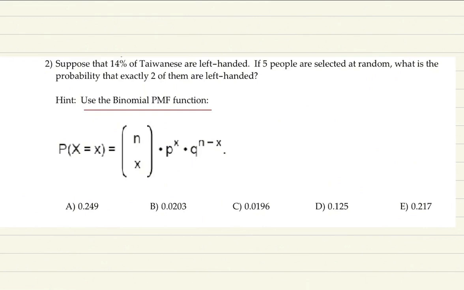So n is 5, x is 2, and p is 14%, which is 0.14.